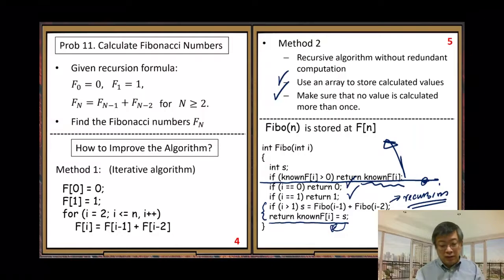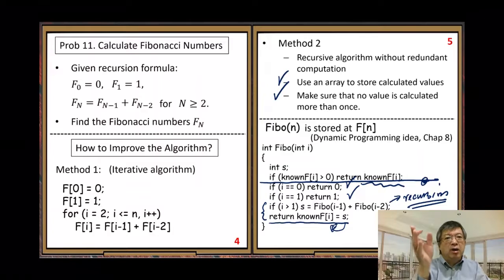Why? Let me explain in a few sentences before we finish this video. This method corresponds to a very important algorithm type called the dynamic programming idea. That is the topic of chapter 8.